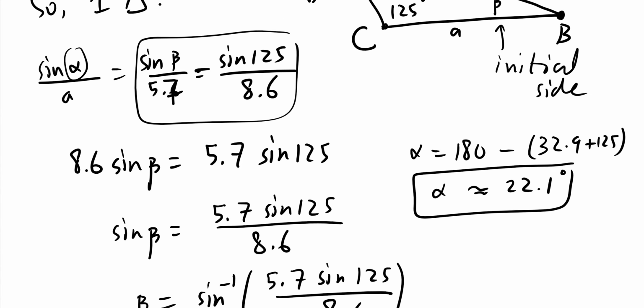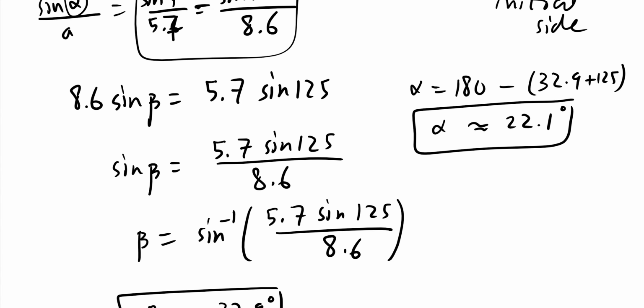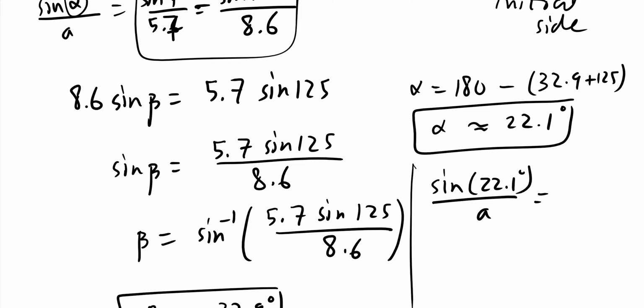The only thing left is A. So I'm going to go back to law of sines. Sine alpha over A equals sine gamma over C: sine 22.1 over A equals sine 125, because that was given, over 8.6. Cross multiply.